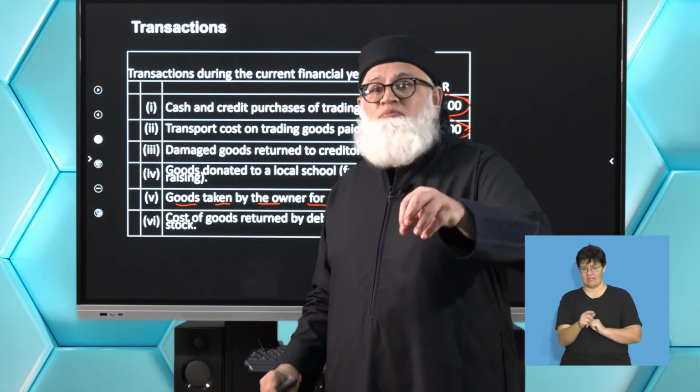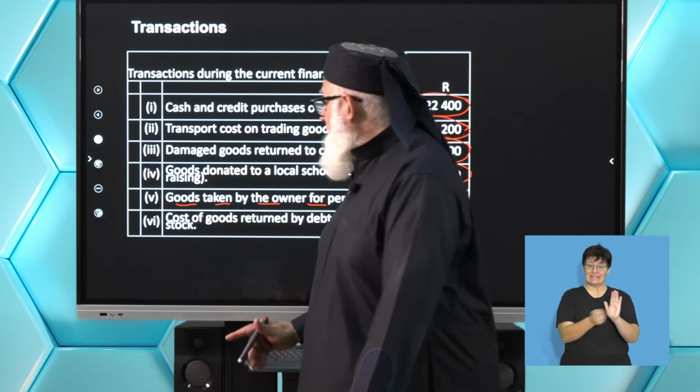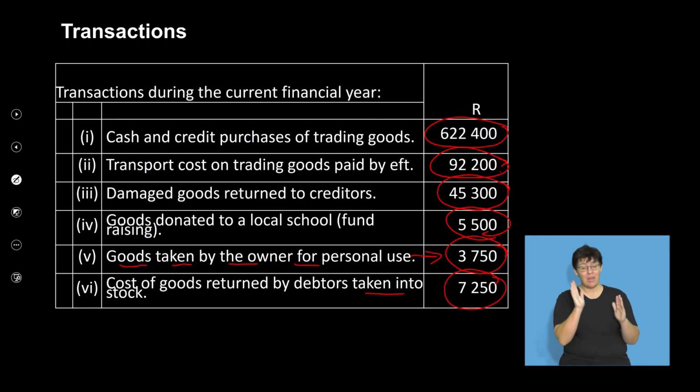It's going to impact on my sales figure. So be careful. Don't just assume that everything will go into the calculation. So cost of goods returned by debtors taken into stock will be 7,250. That will be my debtors allowances figure that I will subtract from my sales figure.